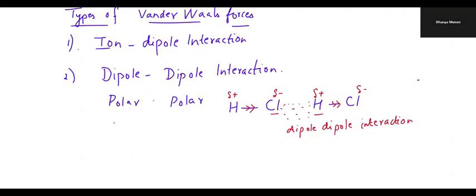This has the second highest strength. The first strongest is ion-dipole interaction. The second strongest is dipole-dipole interaction. I hope it is clear. Dipole-dipole interaction means the interaction between two polar molecules. That's it.